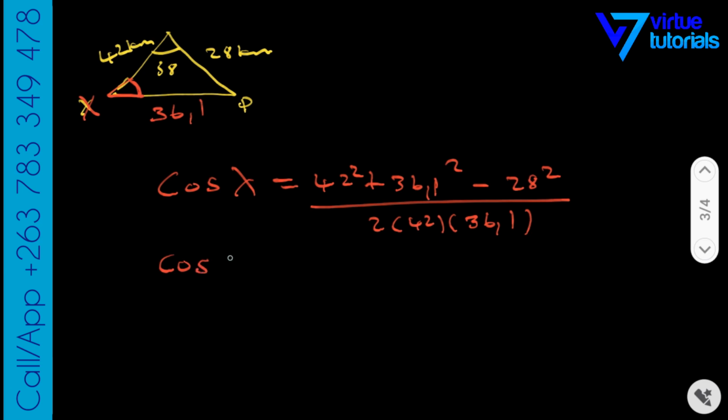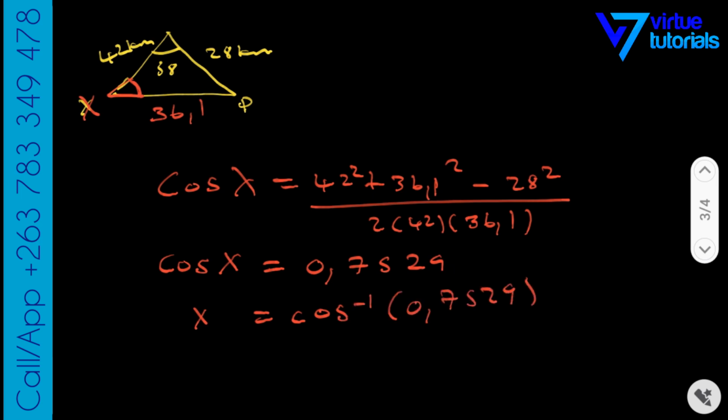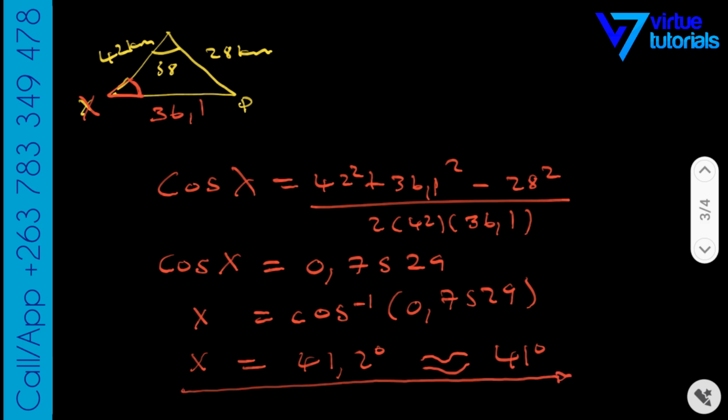So cos of X, if we submit this to the calculator, is going to be equal to 0.7529 rounded off. So X will be equal to arc cos of 0.7529. So X is going to be equal to 41.2 degrees, which when rounded off is approximately 41 degrees. So the angle X is 41 degrees.